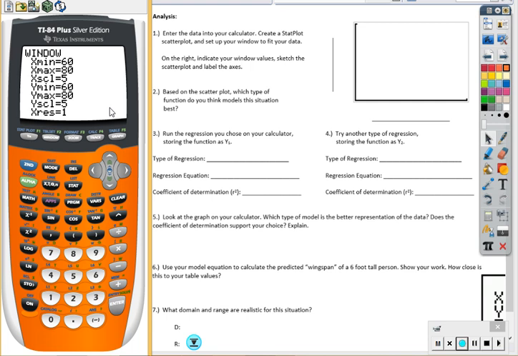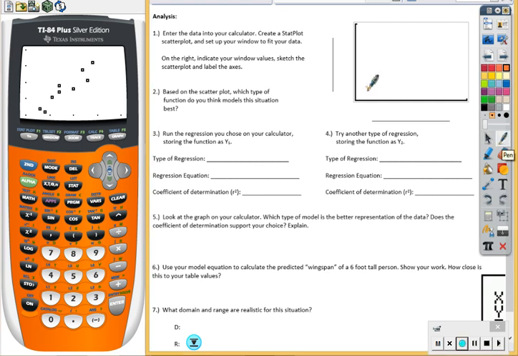The idea here is if you can get your window set up, when you hit the graph button, you should see a scatter plot. And that's what we're going for, because on your paper, I'm going to want you to just sketch what you see. Something like that.